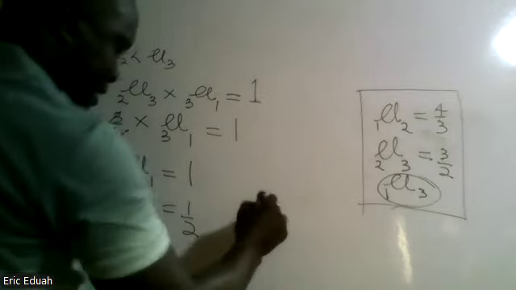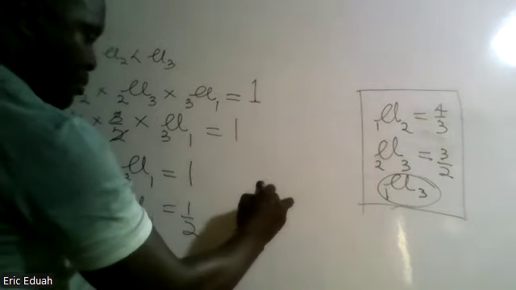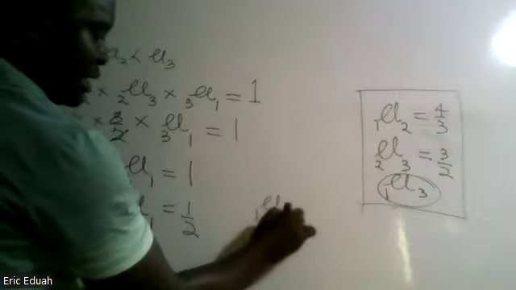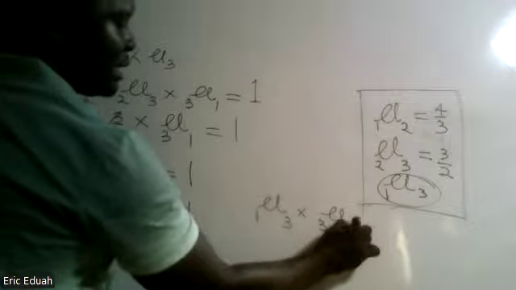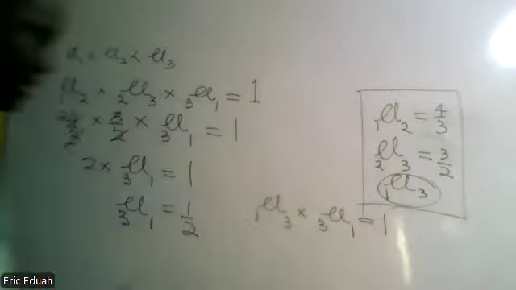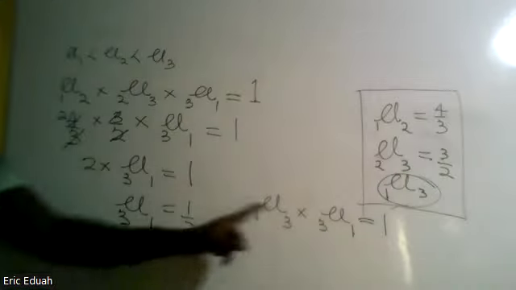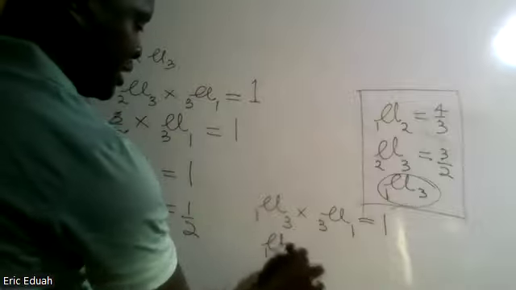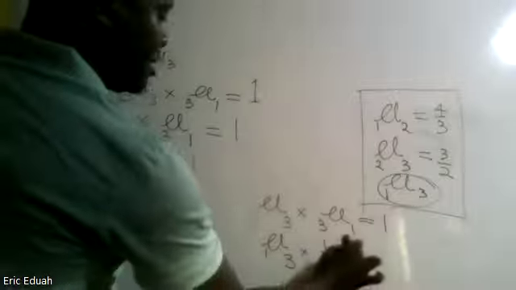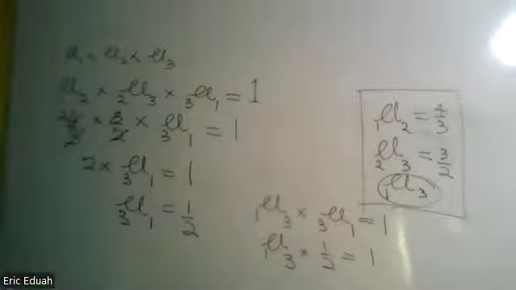So we know that mu from 1 to 3 times mu from 3 to 1, this product must be equal to 1. So if 3 to 1 is half, then 1 to 3 will be equal to 2.